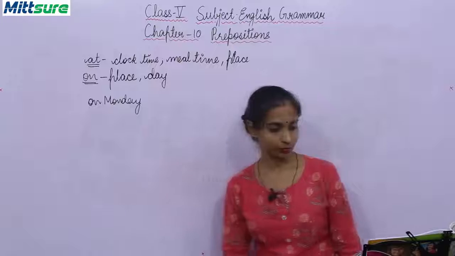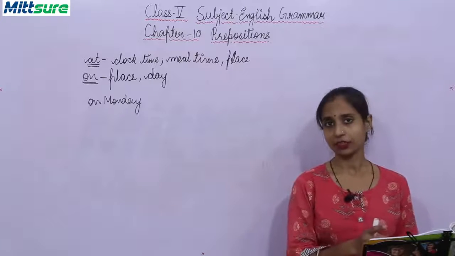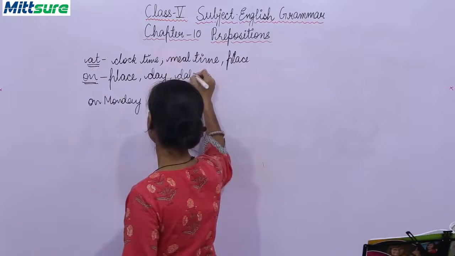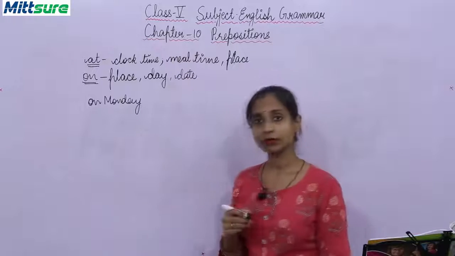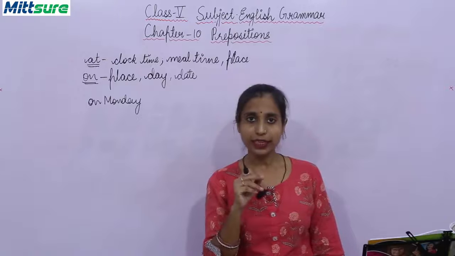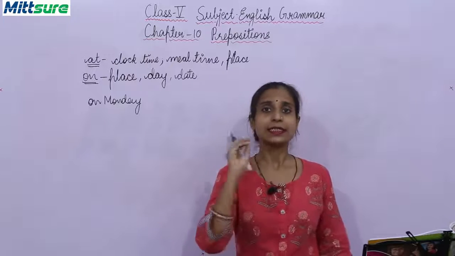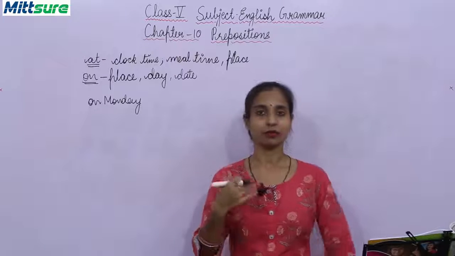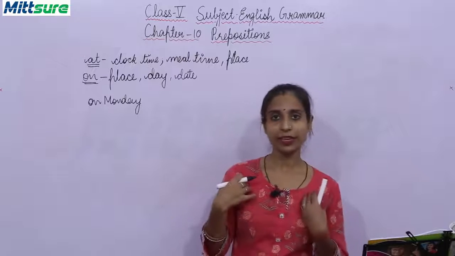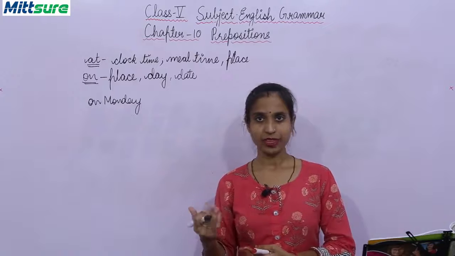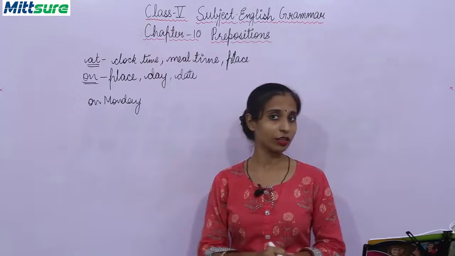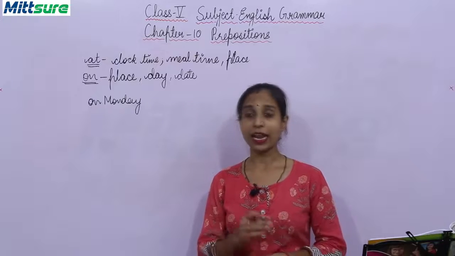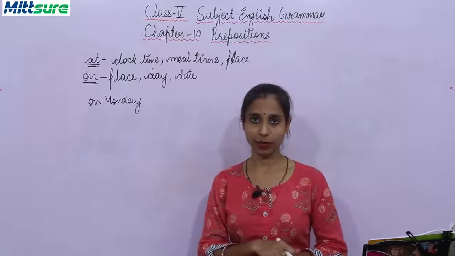Remember this. Then, date. You will say, on 7th August, it is my birthday. You will not say, in 7th August, it is my birthday. No. Or at 7th August, it is my birthday.